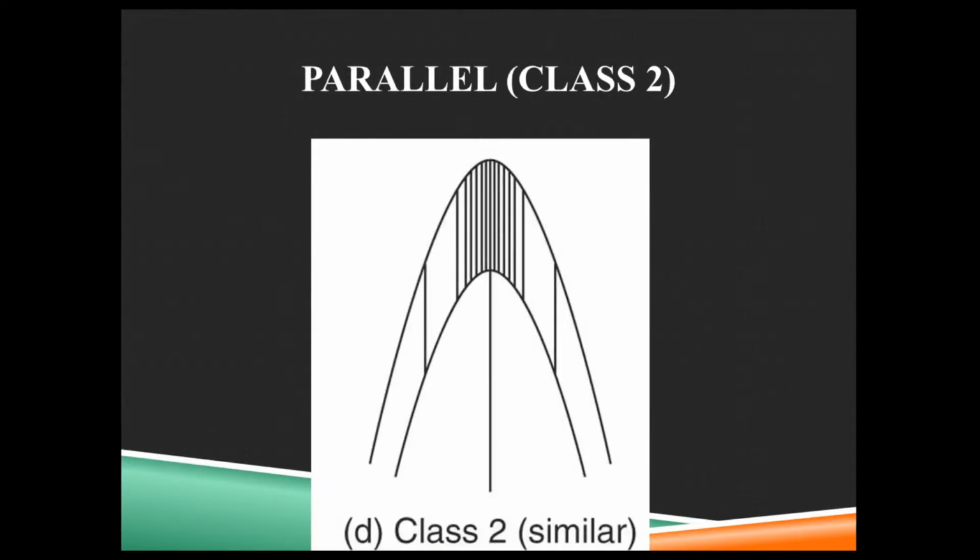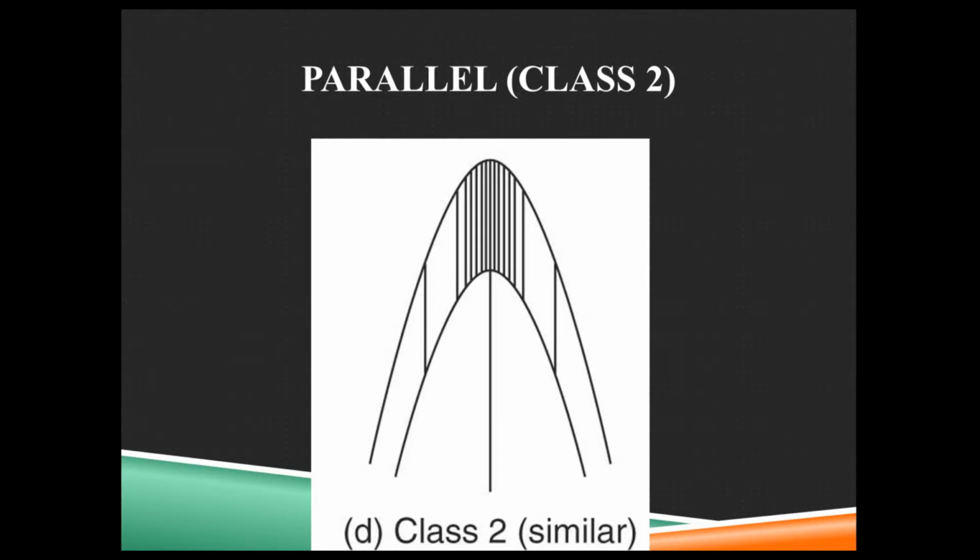The parallel Class 2 is a lot more caused by shearing. Think of like you have a deck of playing cards. All the cards are parallel to each other in a nice stack. And you hold it and you use a finger and push on the middle of one of the sides.